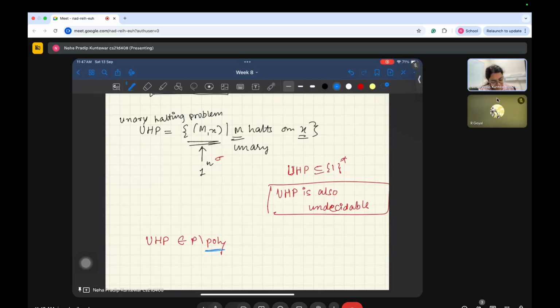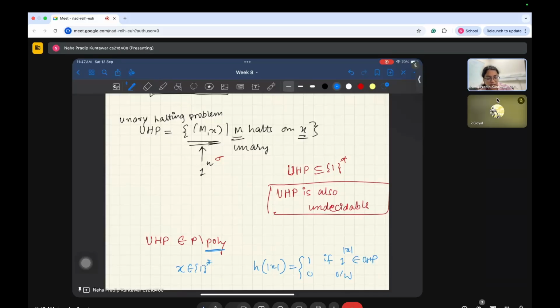So basically, your input is x. The input to the language is x, which is a string in 1 star. And the advice function basically says: look at the length of x, and the advice is 1 if 1 to the length of x is in UHP, and 0 otherwise.